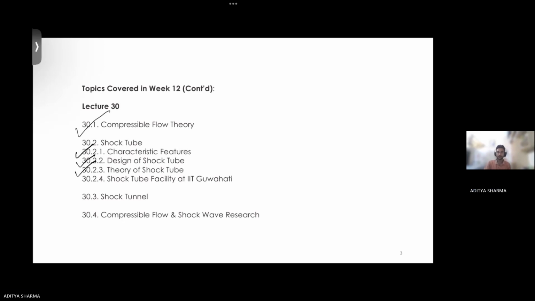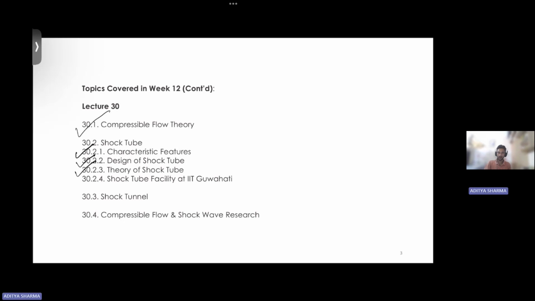But this discussion gives a fair idea of the instrumentation and how a shock tube looks in reality. And then data related to this shock tube has been presented.